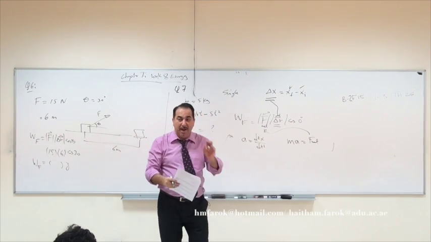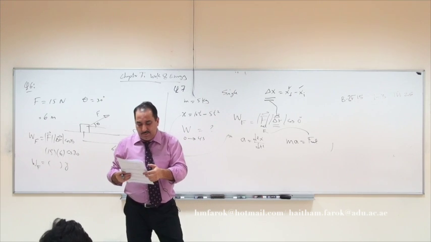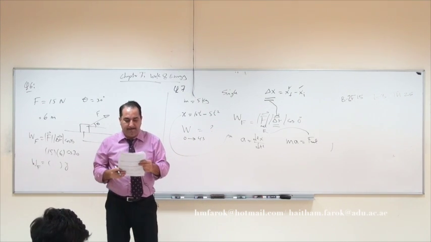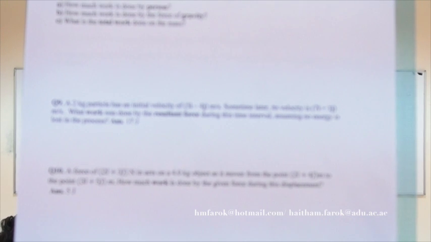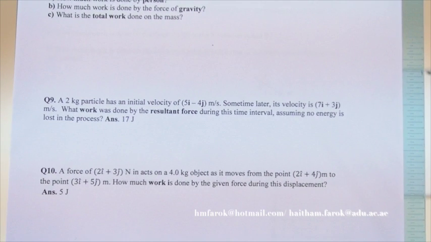Now let's take, I'm selecting questions with different ideas. Question 9. Question 9 says a 2 kilogram particle has an initial velocity of 5i minus 4j meter per second.